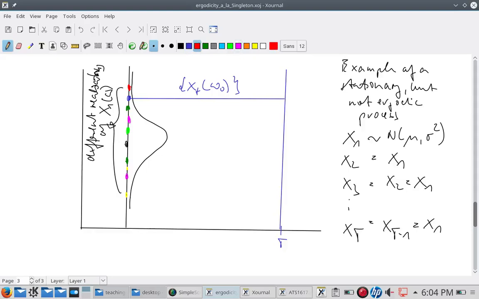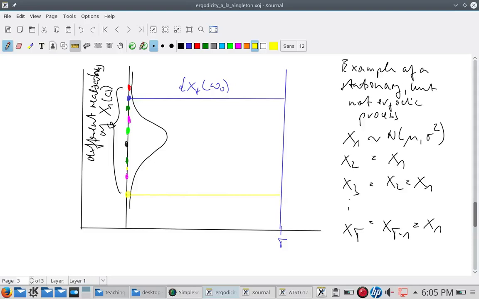Same goes for this. Maybe the yellow representation down here would give us a fixed value, like this, a straight line. From this realization, also nothing could be learned. The only chance to learn about the process is to observe it over and over again, but this is not possible.